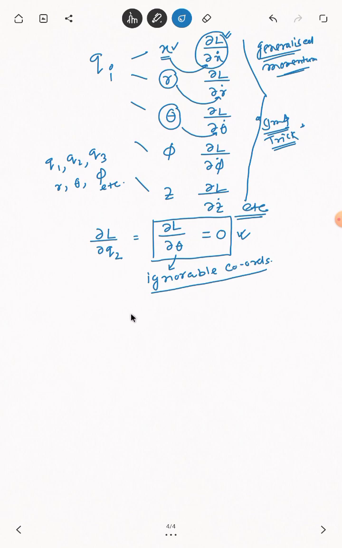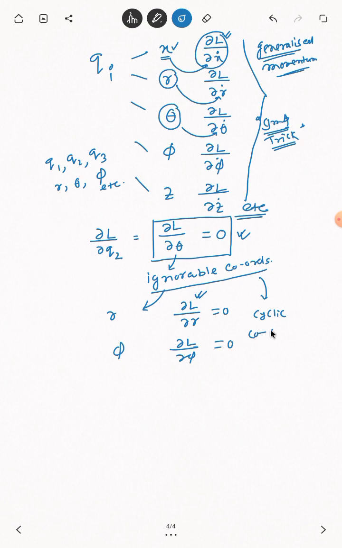Clear? So if r is an ignorable coordinate, what will happen? Del L by del r will be 0. Whatever L may be, it will always be 0. If phi is an ignorable coordinate, then del L by del phi should be 0. Another name is given to this coordinate: someone calls it a cyclic coordinate.